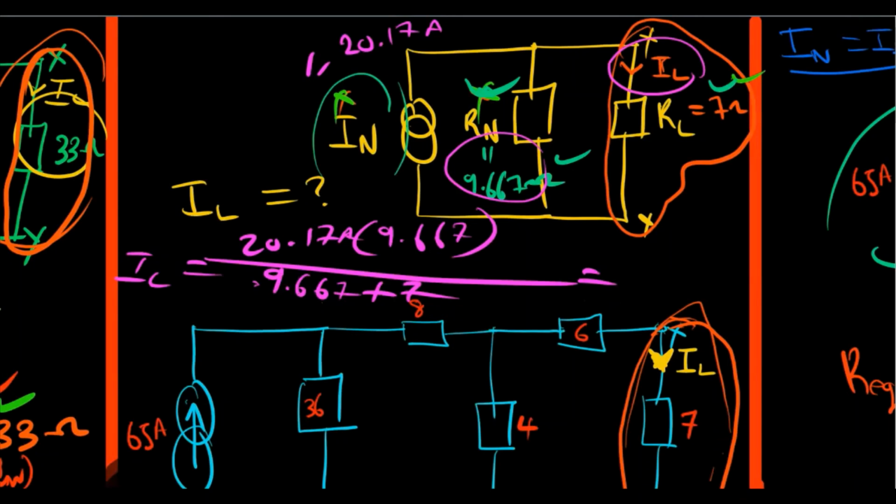Times 9.667 plus 7, which gives me 11.70 amps, which is our load current.